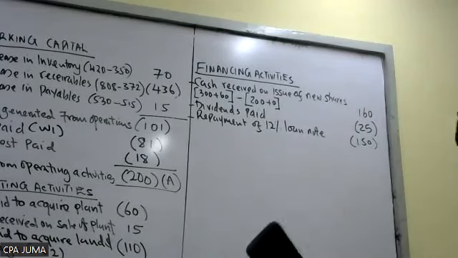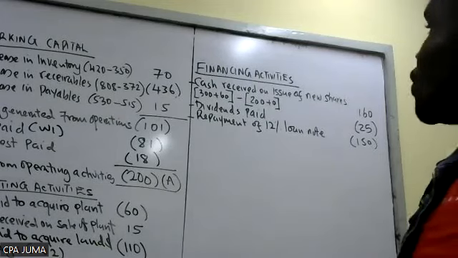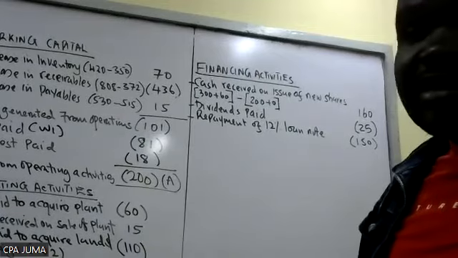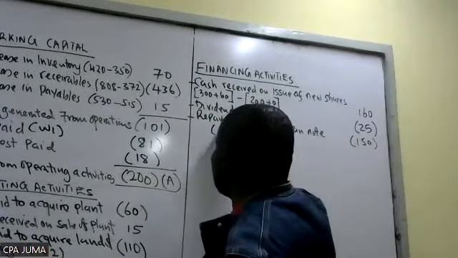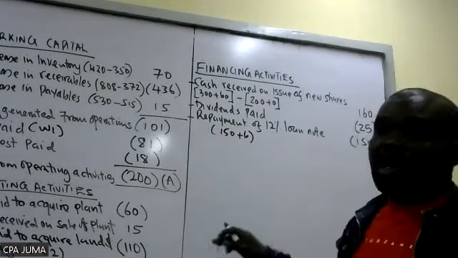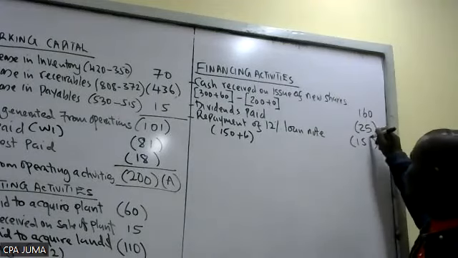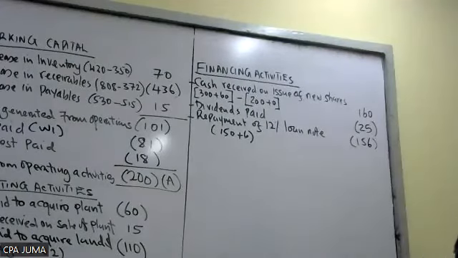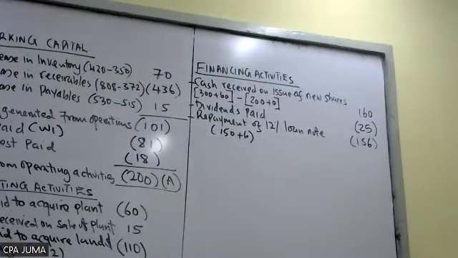This is the loan which they redeemed because they paid. So they were charged 6 extra. So it will be 150 plus that 6, the penalty. So right in your book, 6 is the penalty. So here we need to talk of 156.